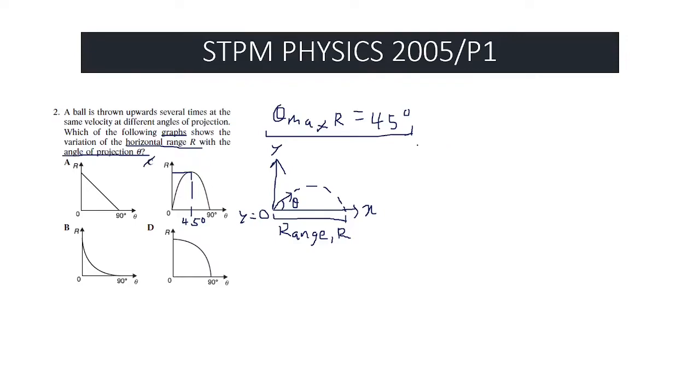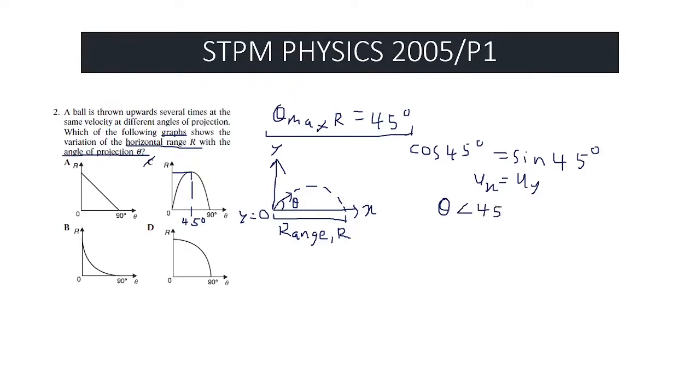Now we have to know that cos 45 degrees is equal to sin 45 degrees. So this gives us ux equals uy, where u is the initial velocity, and this will give us the maximum range. Now let's consider the theta which is less than 45.